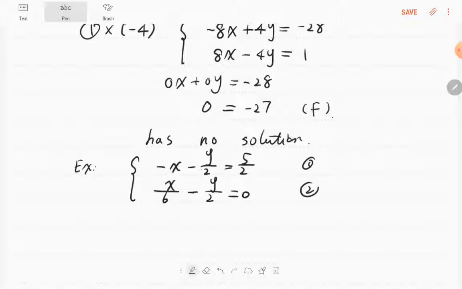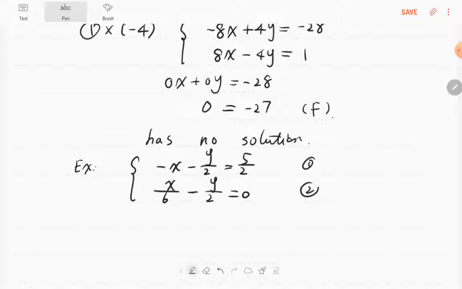Because when we observe the coefficient of the two y's, the first equation we have negative half as the coefficient for y, right? And the second equation, we also have negative half as the coefficient for y. So it's just the same, but we want to make the coefficients opposites.